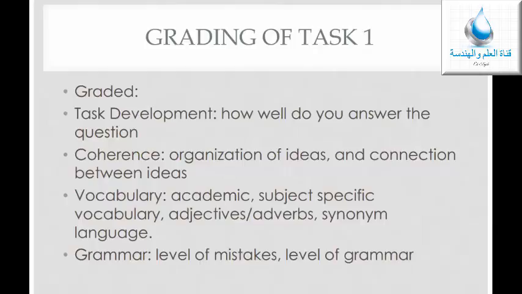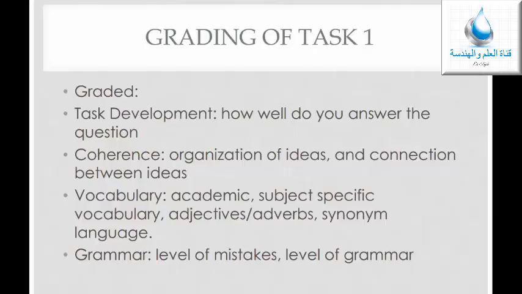You're graded on your vocabulary, and we're looking at academic vocabulary, subject-specific vocabulary, using adjectives, adverbs, synonym language, and of course, you're graded on your grammar, the level of mistakes that you make, and the level of grammar that you're using.